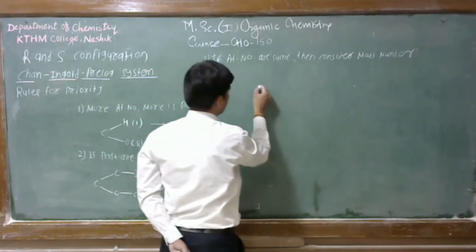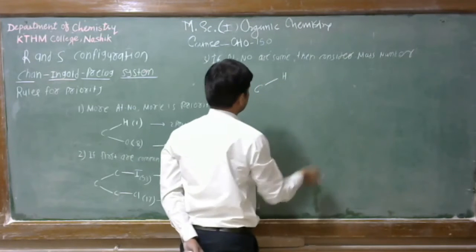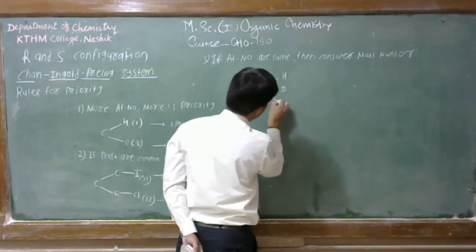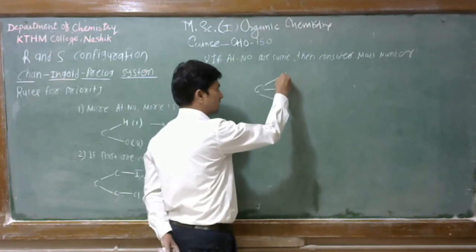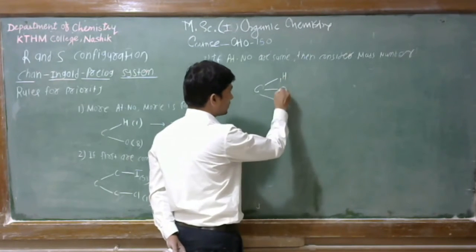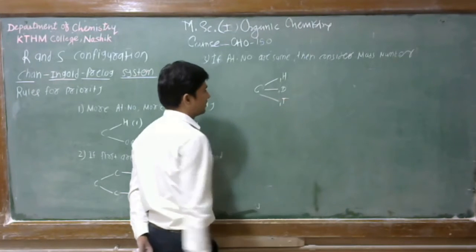See here, if any carbon atom is attached to hydrogen, deuterium and tritium, we know that these are the isotopes. Hydrogen has atomic number 1, deuterium has atomic number 1, tritium has atomic number 1.